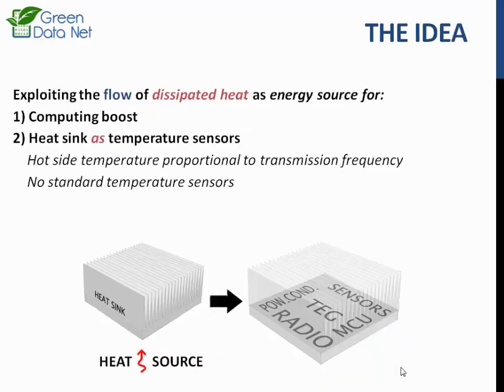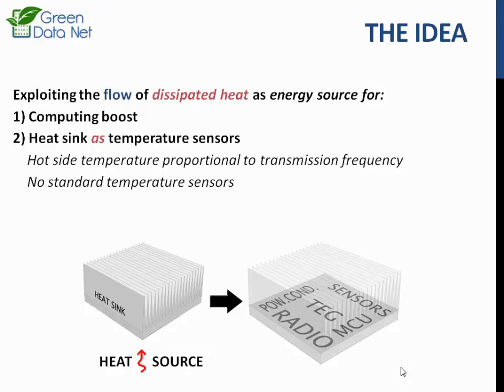The idea is to design a heatsink that is not just a heatsink for processors, but one that can measure temperature and other environmental quantities using the heat dissipated by the IT equipment in a data center. So you have a board with a TEG, a thermal generator, with all the electronics on board to process, acquire the sensed quantities that you want, and send them.